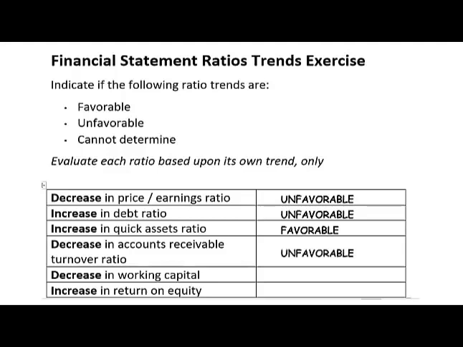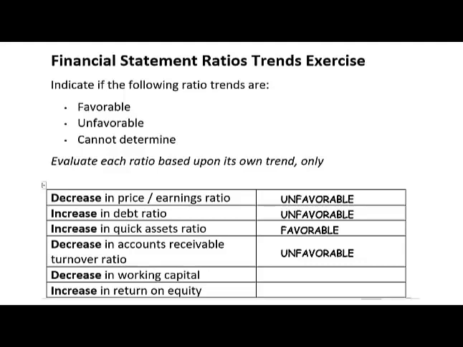So in this case, this is a decrease in the accounts receivable turnover ratio, so it would be unfavorable. The next to last one is a decrease in working capital. That can be defined as the value of your current assets minus your current liabilities.